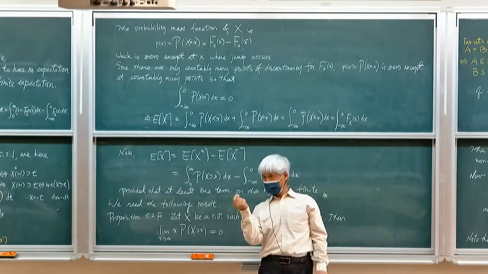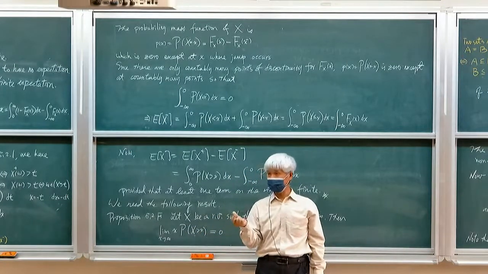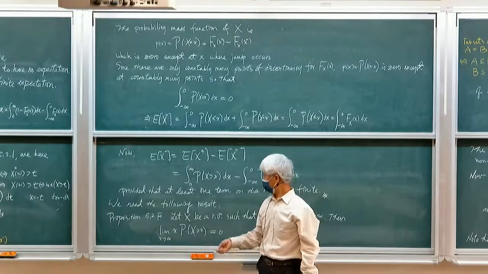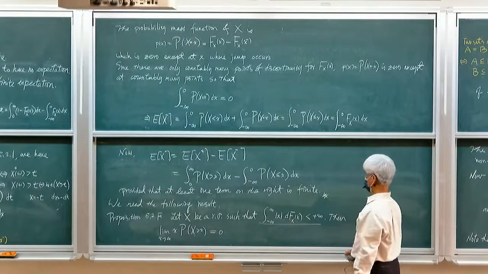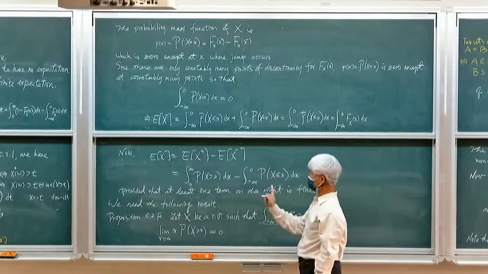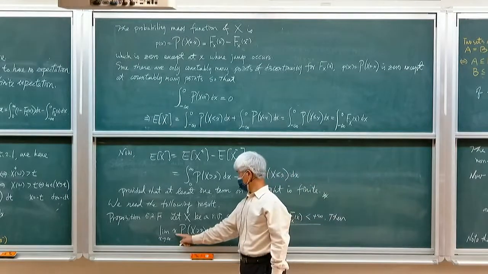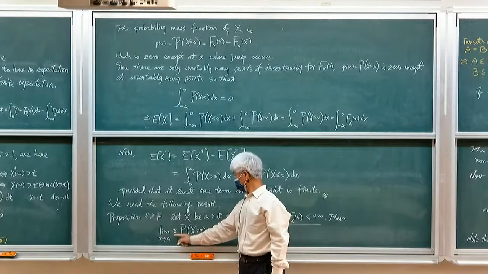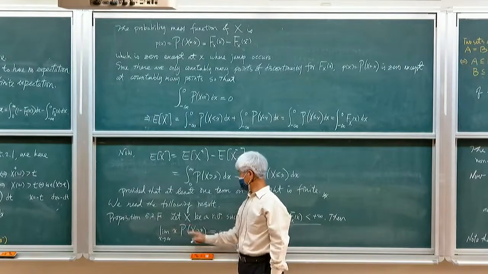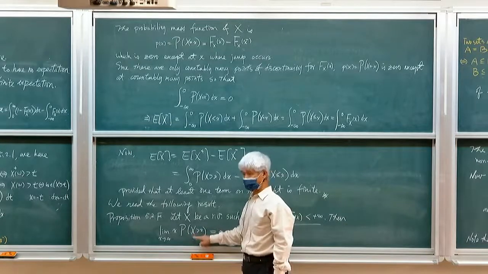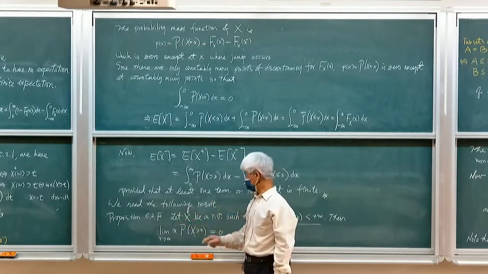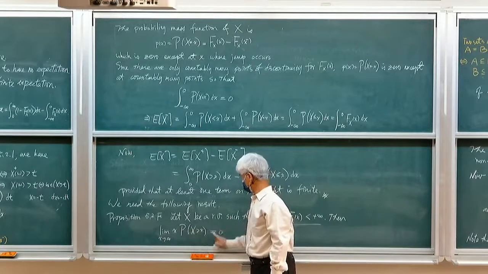In general you don't know. But if we know this integral is finite, then we are sure that even though x goes to infinity, because this one goes to 0 faster than this one, the product goes to 0.